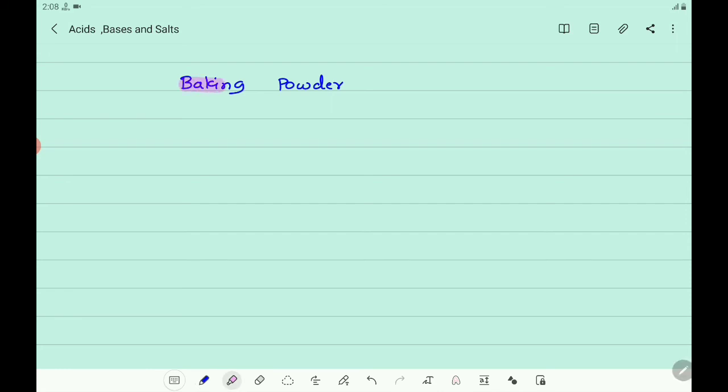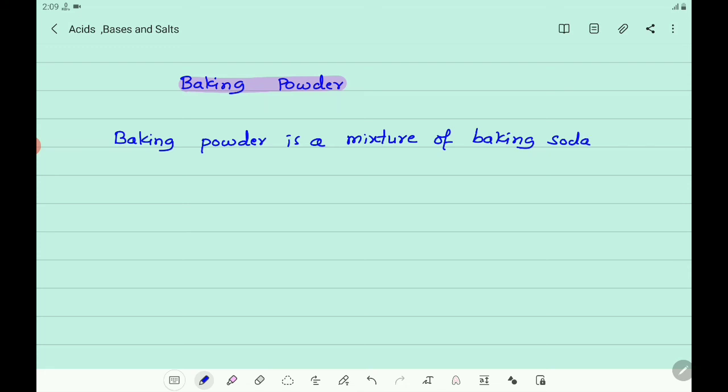So you write that baking powder is a mixture of baking soda, that is NaHCO3, and a mild edible acid such as tartaric acid.